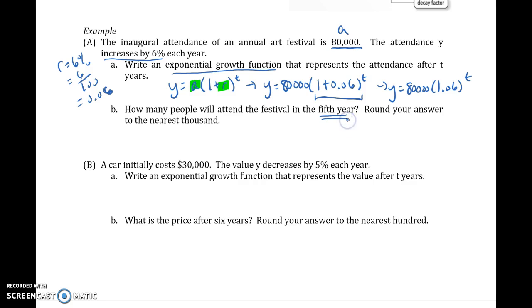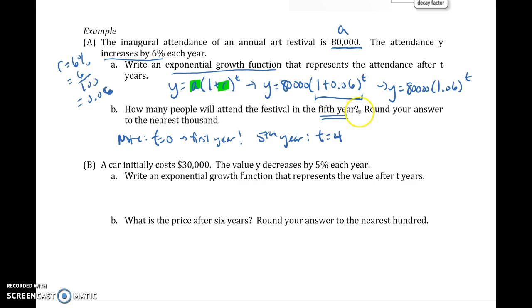This question is actually worded a little weirdly. You might want to plug in t as 5. But remember, the first year we already have a number, which is 80,000. So note t equals 0 is the first year. So that means the 5th year is t equals 4.